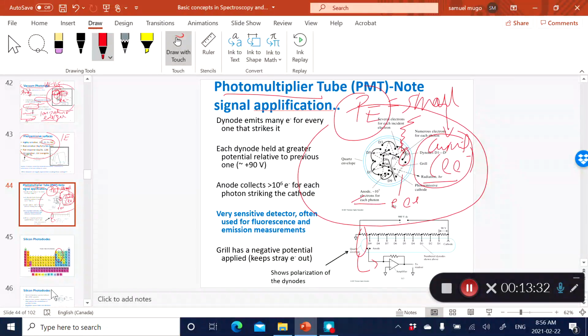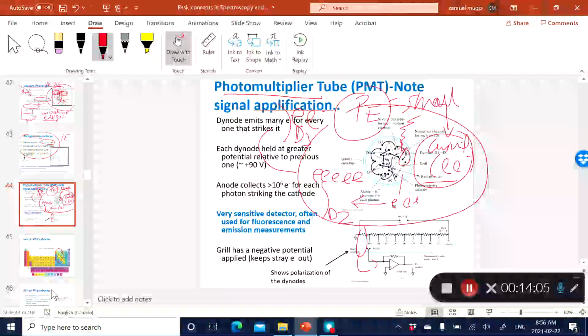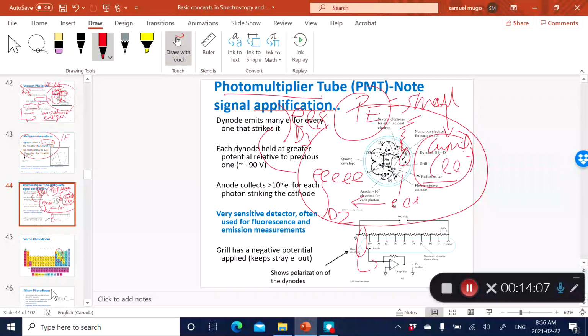If I accelerate those electrons to the second diode, D2, then those electrons impinge on that photoemissive material to generate even more electrons, which I can accelerate to the third diode. And because of that, equally I get an amplification, because of the impingement of those electrons on the third diode. And so maybe in that case, I'm going to say e to the power of 8.